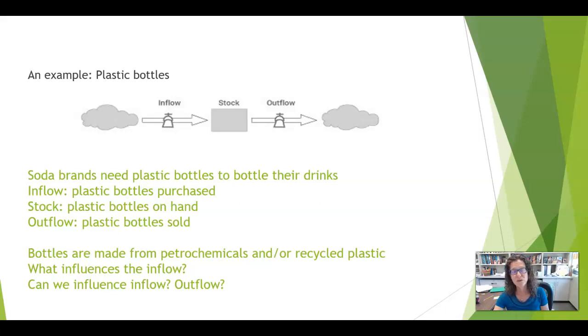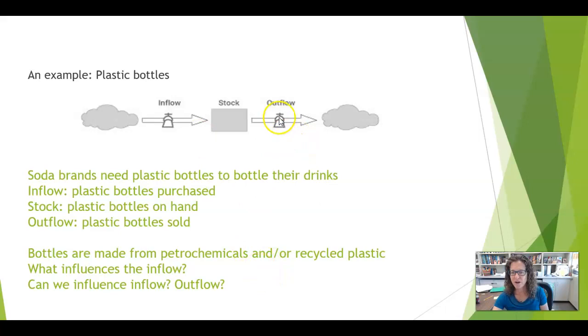If you've been following the news, the EU is putting in place some significant restrictions on fast fashion manufacturers, for example, to make their clothing more sustainable and recycle more of the discarded clothing. And so by lobbying to put similar restrictions on other industries competing for the same raw material, recycled plastic, we can influence the inflow.